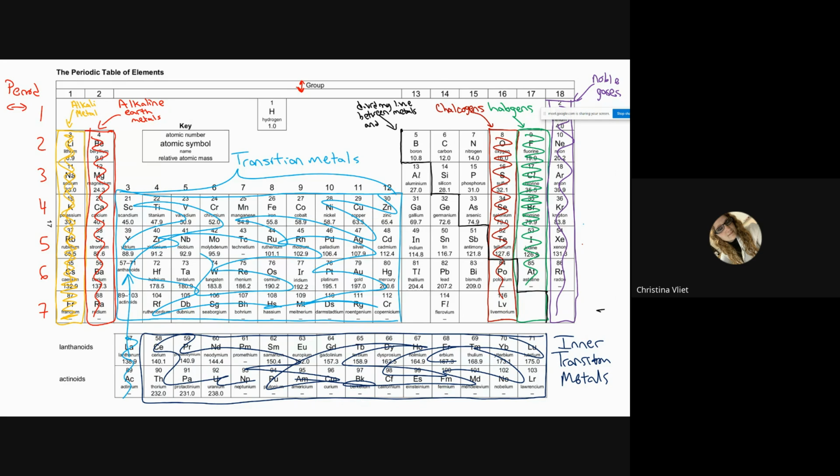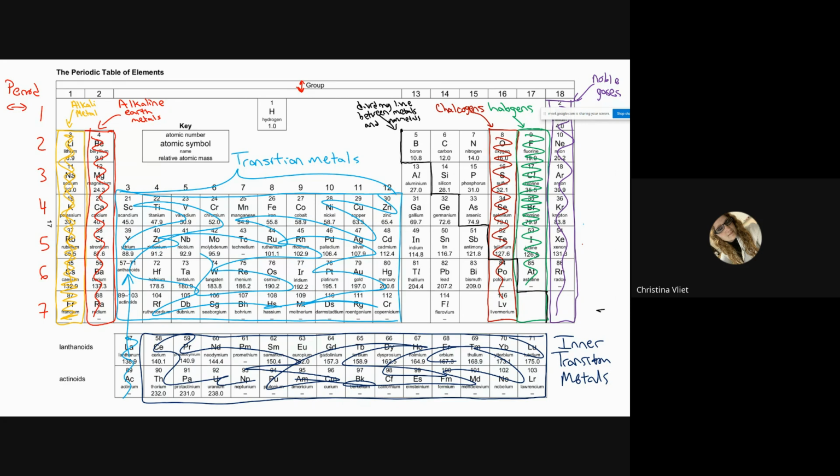So do we keep things like polonium still marked? They're still chalcogens. That's why I said write your darkest color. You're not filling in those elements. You're just writing a line on the edges of the boxes, if that makes sense. That's your dividing line.